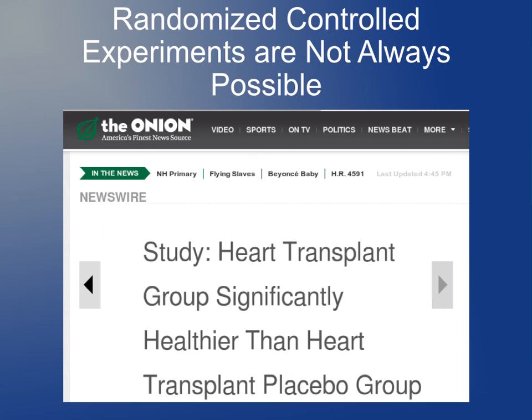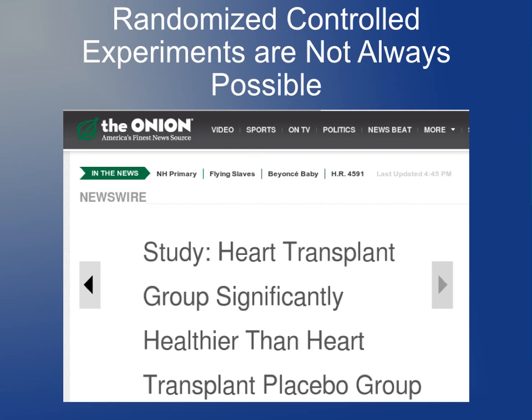Say, like, heart transplant group significantly healthier than heart transplant placebo group. If you do placebo heart surgery on someone, then they die. So the people who get true heart transplant treatment are more likely to survive? Well, aside from the fact that experiment is unethical, it's also ridiculous. You could never actually do that.